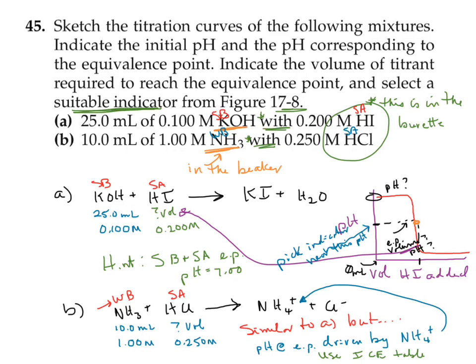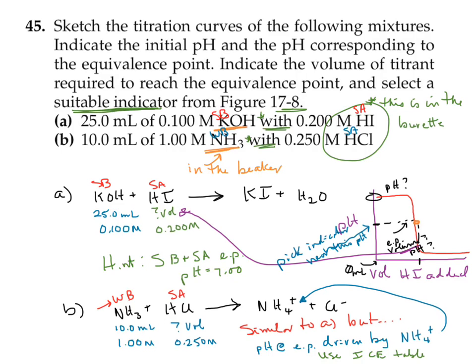So basically, no pun intended, what you're going to do is going to involve an ICE table. But anytime you have a weak base reacting with a strong acid, at the equivalence point, your NH3 has entirely been converted to NH4+.